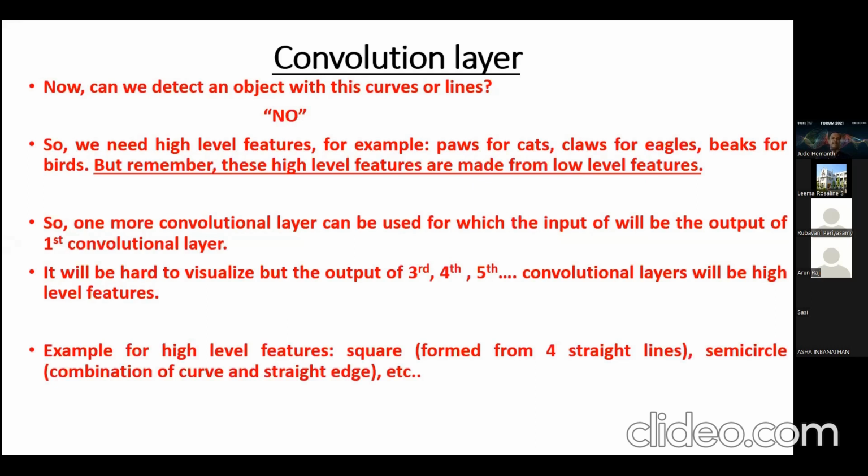So it's like a high-level feature process. You have a single line. From the single line, when you get a square, there is a better chance of recognizing it. It may be a laptop or a table or something like that. So this is the way deep learning is able to recognize or make a decision on the information content in your original input.